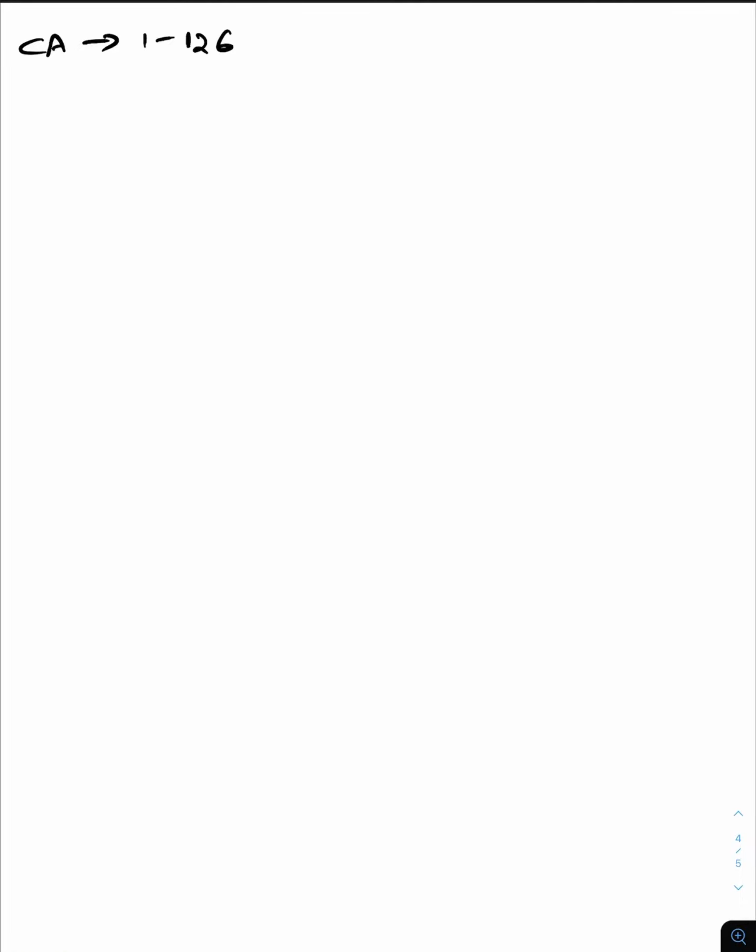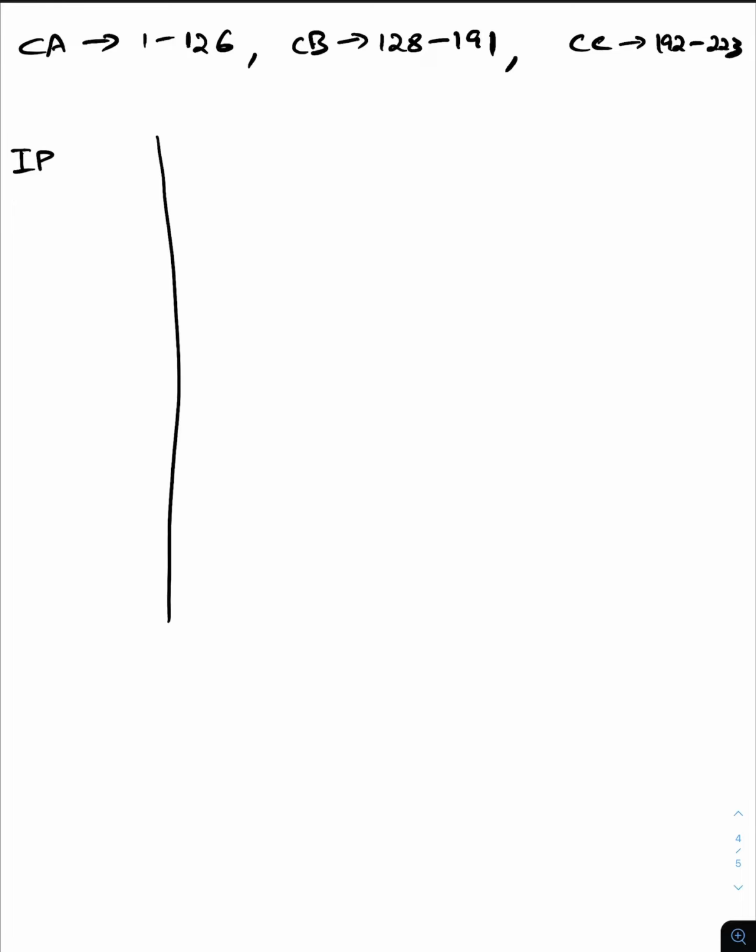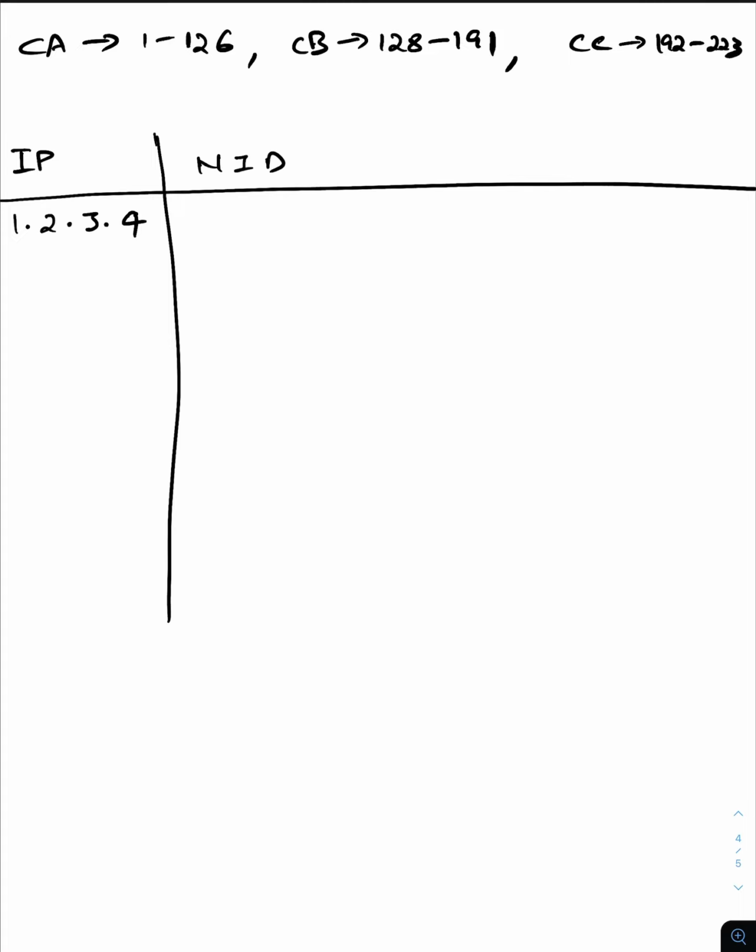In decimal, it's 1 to 126. Class B is 128 to 191, and class C is 192 to 223. Suppose you have your IP, let's take a simple example, 1.2.3.4, and you know this is a class A network.